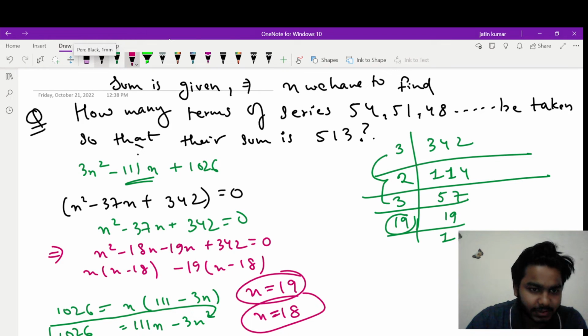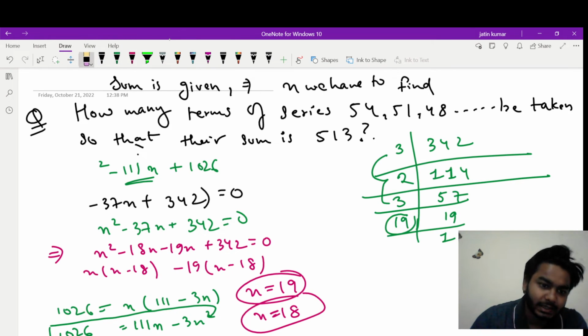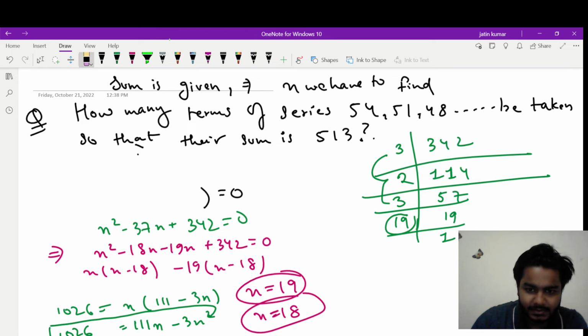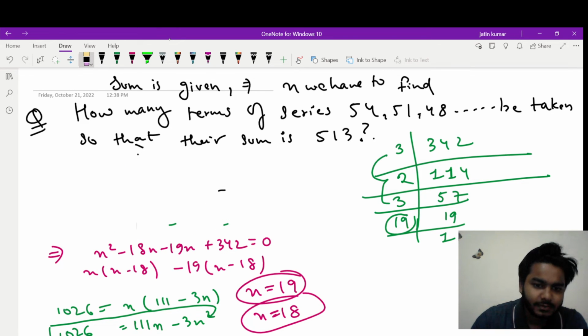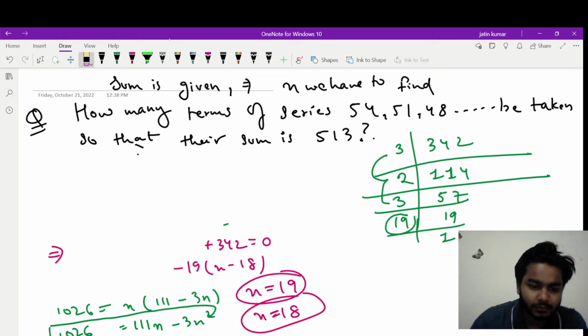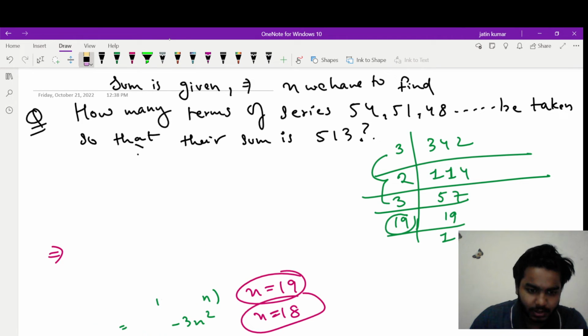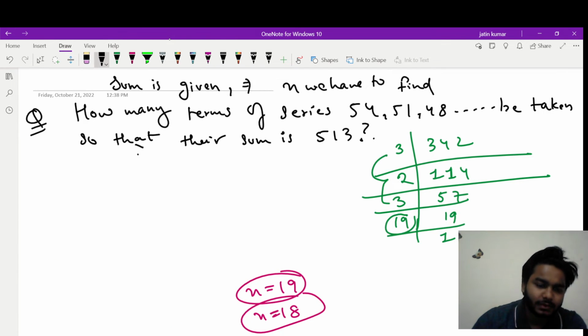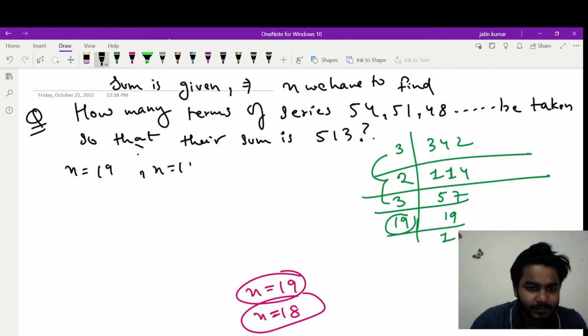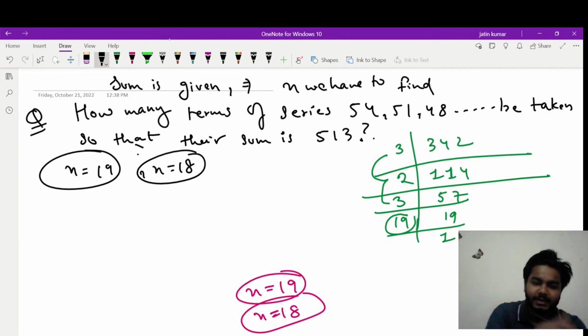Now what value of n will we accept if we have got the sum of first 18 terms as 513? Can you guess what will be the value of the 19th term? Have you understood my question? My question is, if we have got the value of n as 19 and 18, so 18 terms is the preceding term of 19.